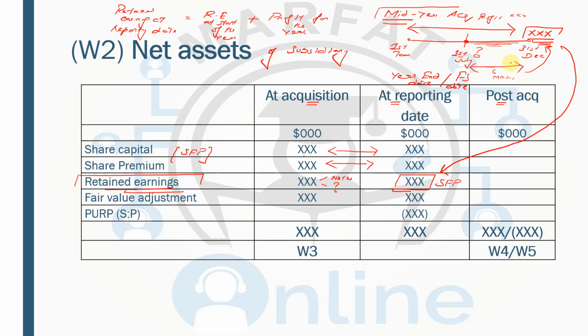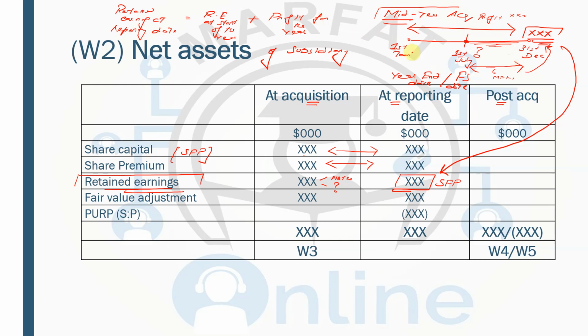So this is the simplest concept, and I'm going to revise it. Retained earning at reporting date will be given in the question, and it is calculated as retained earning at start of the year plus profit for the year. So you have the accumulated profit at the start of the year, you add the profit for the year, and you get the retained earning at reporting date.